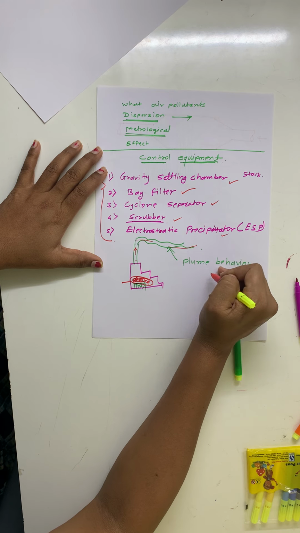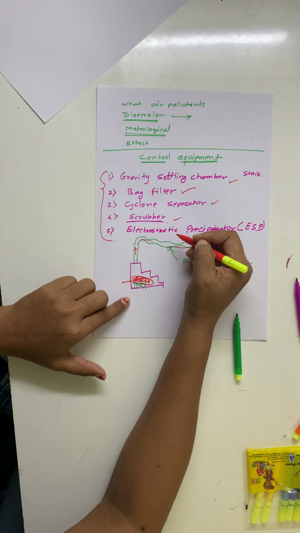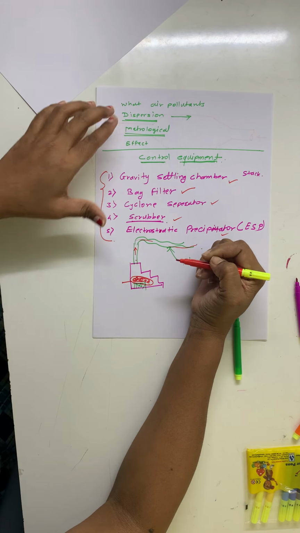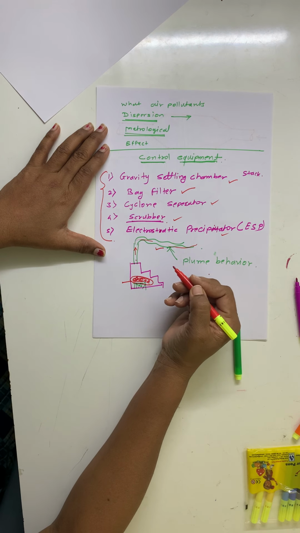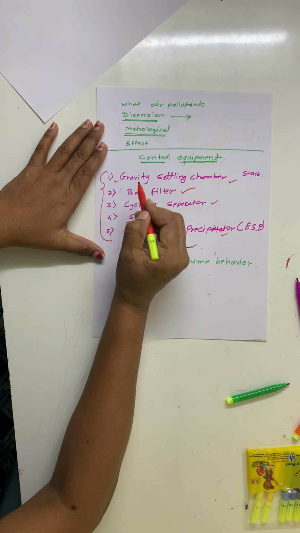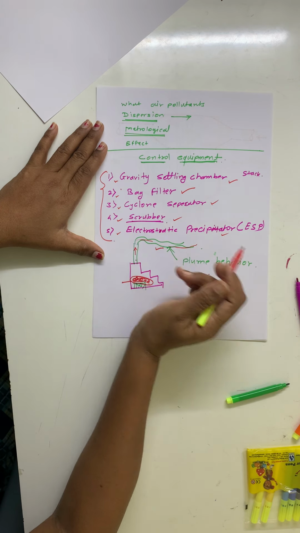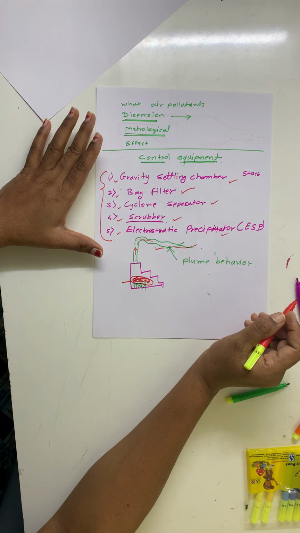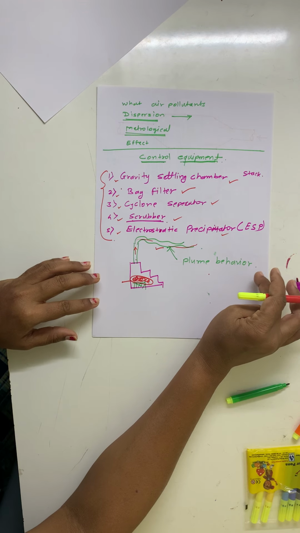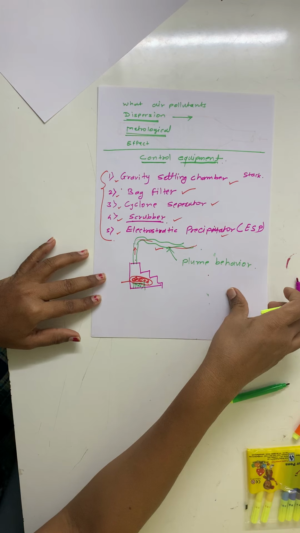We are going to study them one by one, but as per the requirement, how much air is polluted and what kind of air you want to be emitted into the atmosphere, accordingly you should decide whether you are going to take one equipment or a number of equipments in a series. That depends on the meteorological assessment of that particular area. We can decide. Now we will see the equipment one by one.